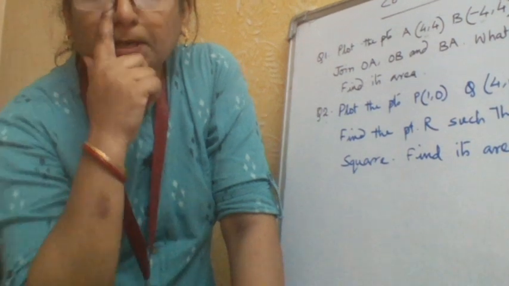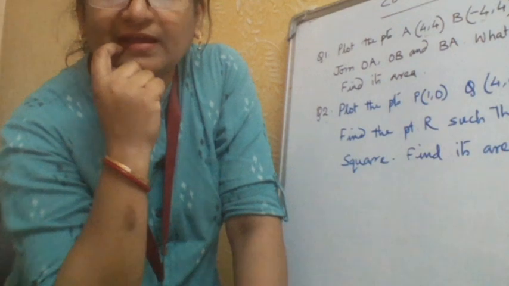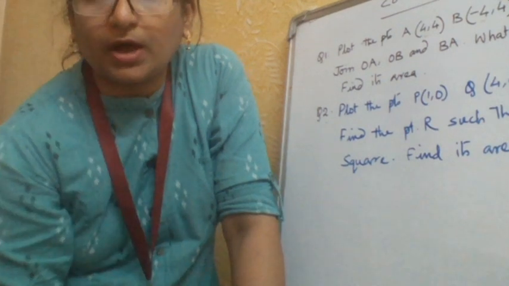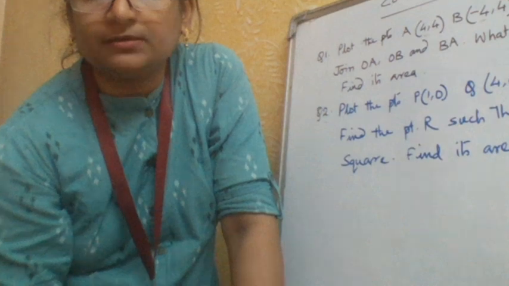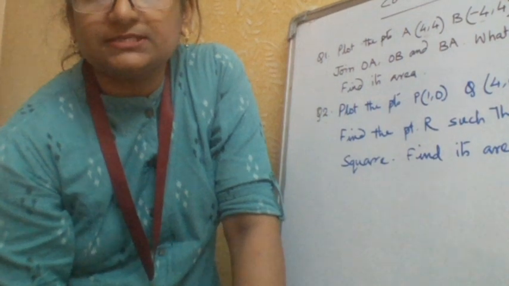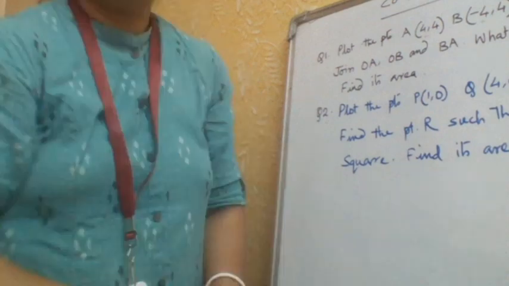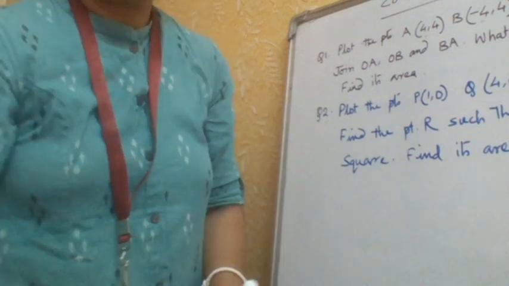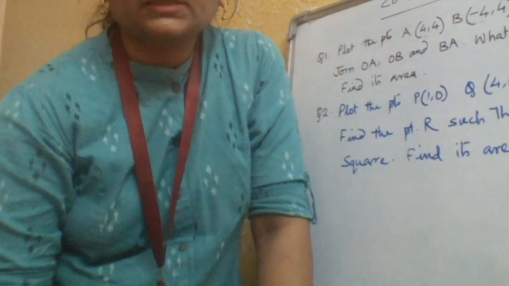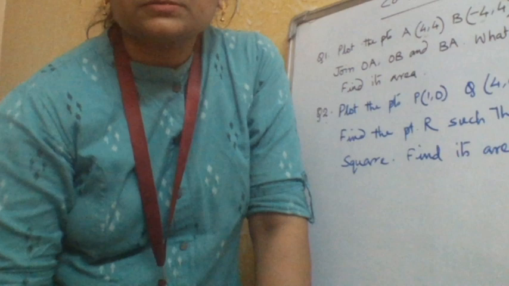Now what is the area of the square? See, this is 1 and this is 4. 4 minus 1, the distance between these 2 points is 3, and again this is 0 and this is 3. So this is 3 units and this is also 3 units.